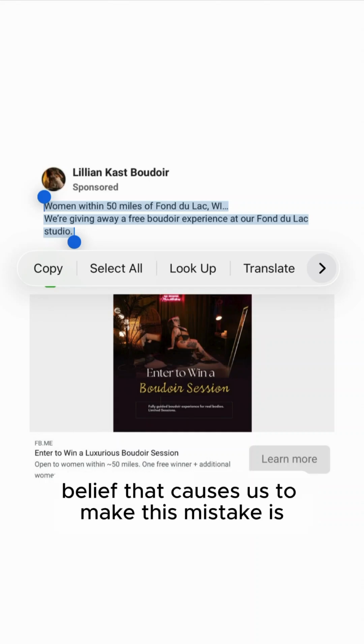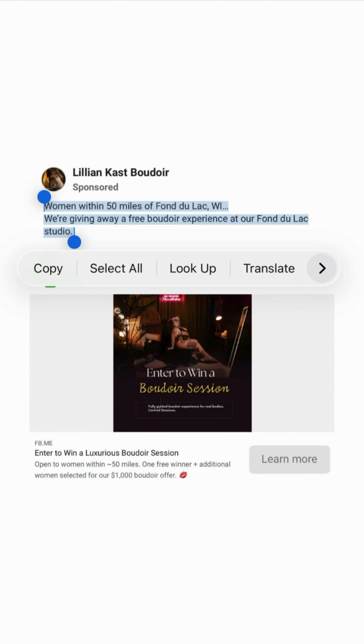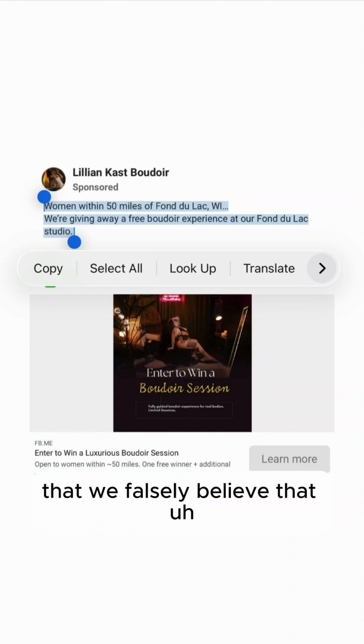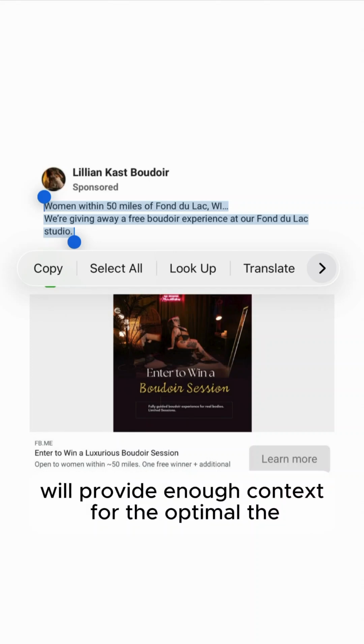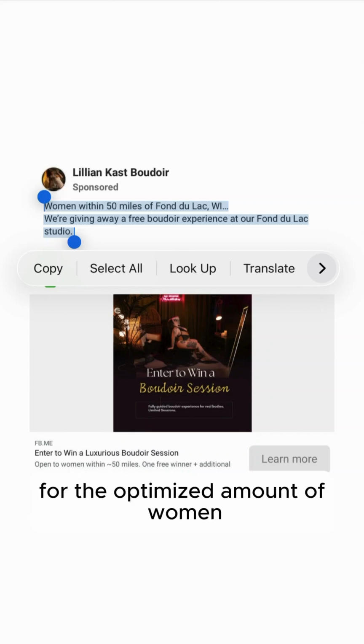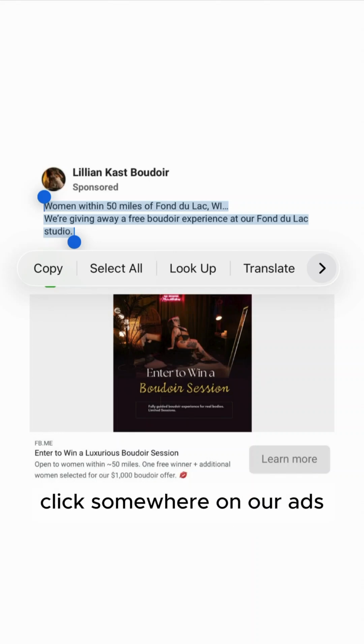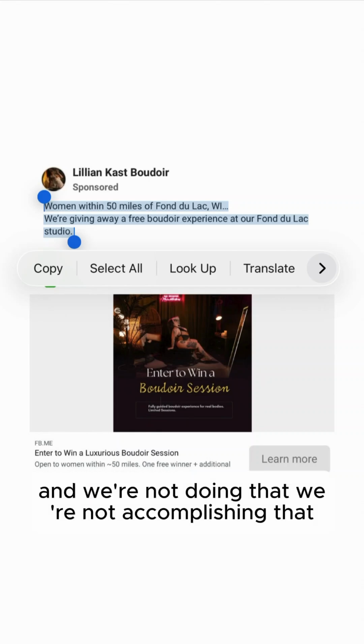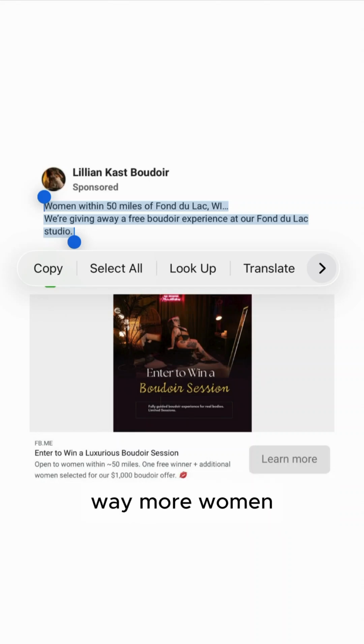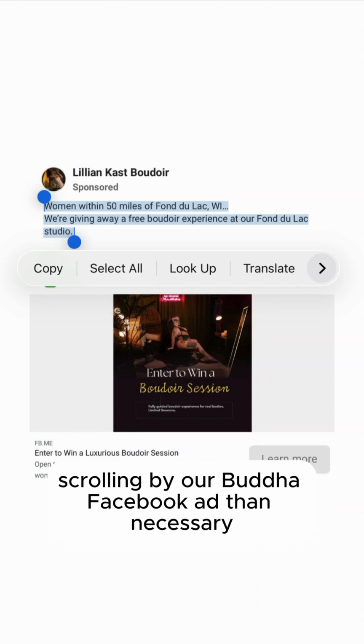The false belief that caused us to make this mistake is that we falsely believe that we're providing enough context for the optimized amount of the correct women to come through and click somewhere on our ad so our ad gets into their brain. And we're not accomplishing that. So the consequence is we're going to have way more women scrolling by our Boudoir Facebook ad than necessary.